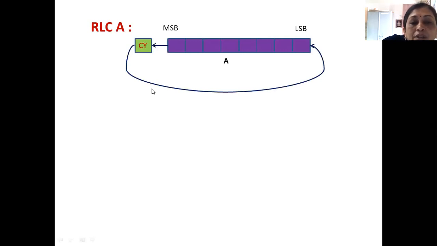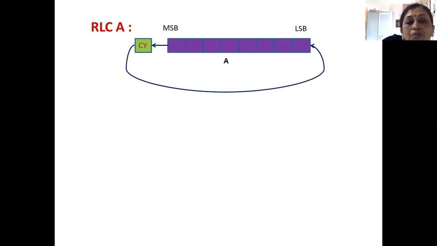Now what can you observe here? Rotation through carry, how it is done. In this case each bit is shifted to the left. MSB will go to the carry flag, and the carry flag will go to LSB. Are you getting the point?